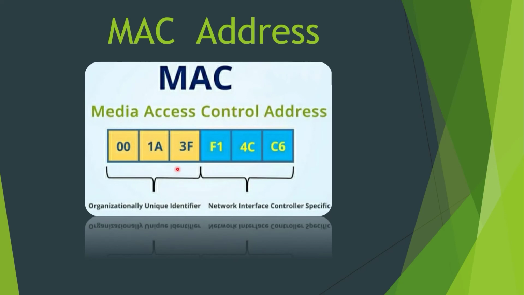And now here is an example of a MAC address. Here we can see that there are 12 hexadecimal digits and the first part is the ID number of the NIC manufacturer and the second part represents the serial number assigned to the NIC by its manufacturer.